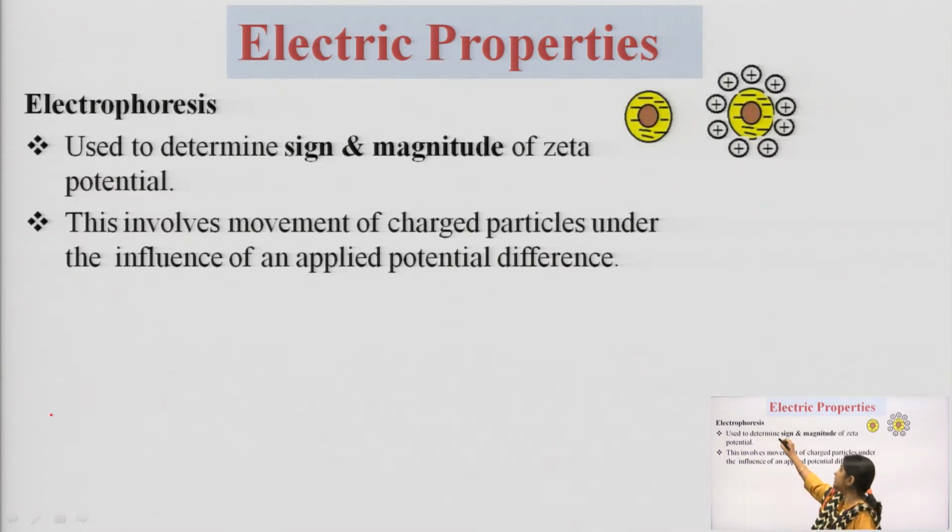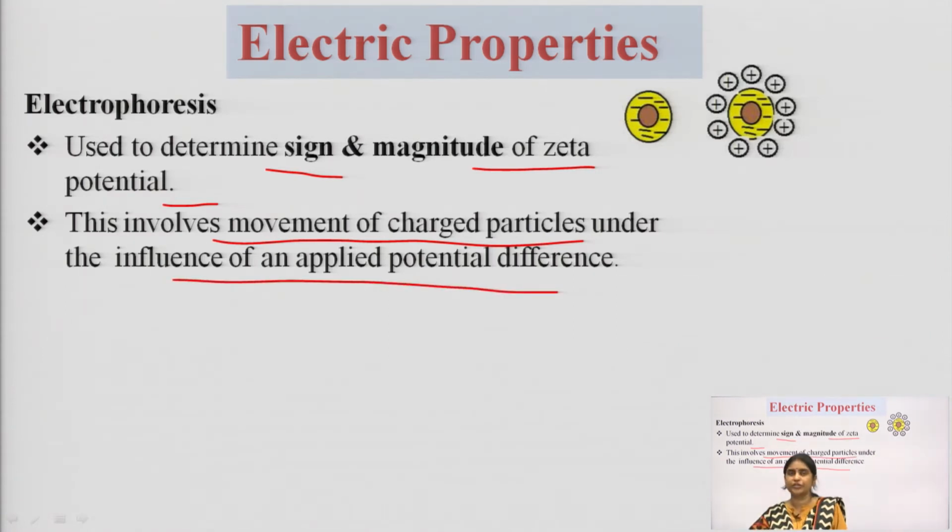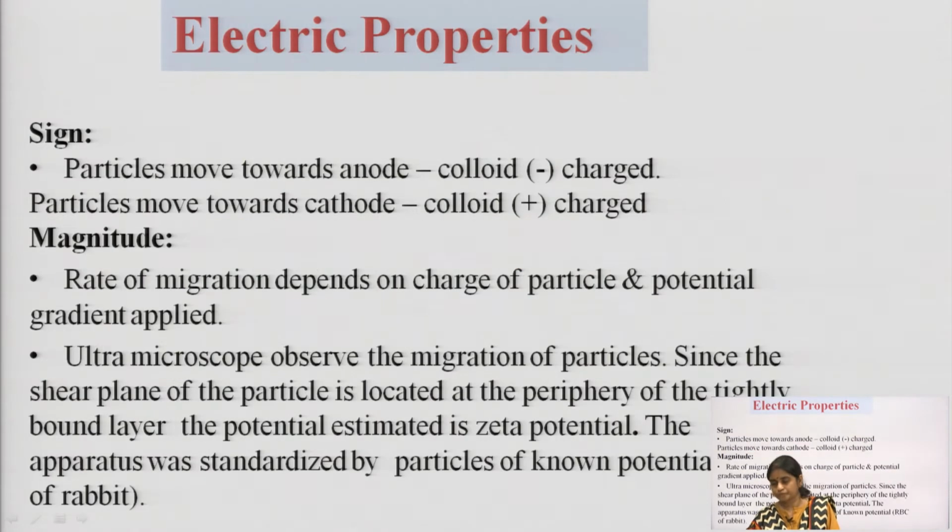It is used to determine the sign and magnitude of the zeta potential, and this involves the movement of the charged particles under the influence of an applied potential difference.